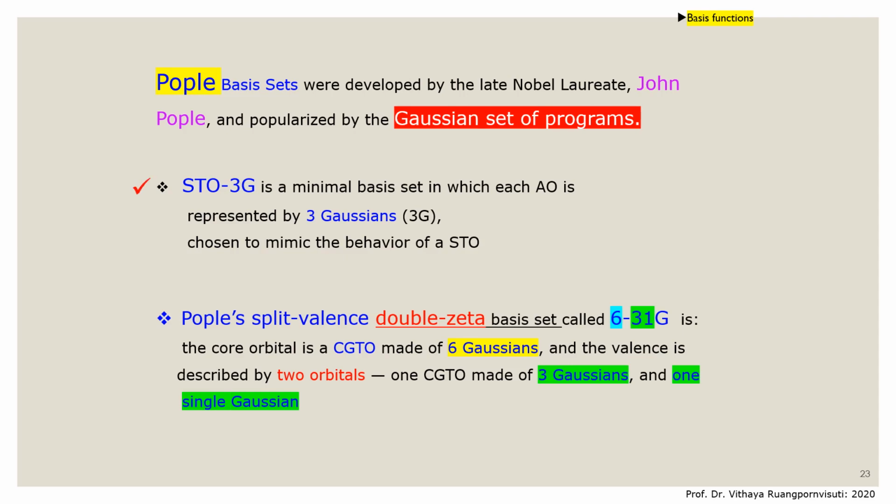STO-3G is a minimal basis set in which each atomic orbital is represented by three primitive Gaussians, or 3G, chosen to mimic the behavior of STO. We call STO-3G the Pople form.